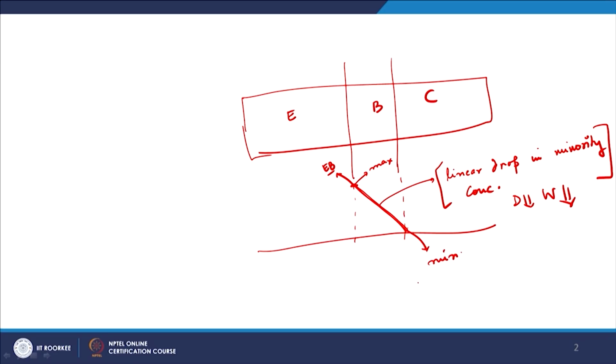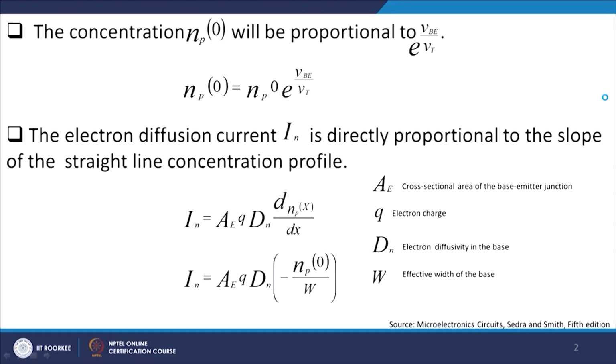We have seen why this profile is maintained to a larger extent. This is primarily a diffusion phenomenon, and therefore it depends upon the concentration gradient of the charged particles, here electrons within the base region. Today we will look into the basic fundamental principles where we left off yesterday.